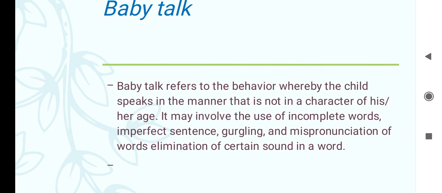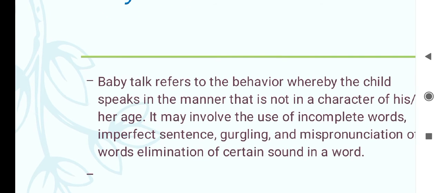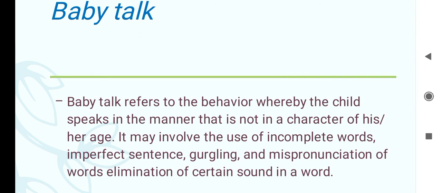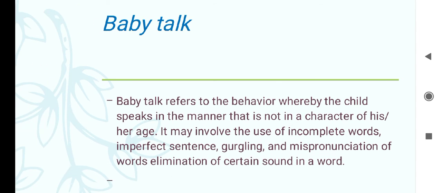Okay, next is baby talk. Baby talk refers to the behavior whereby the child speaks in a manner that is not in character of his or her age. It may involve the use of incomplete words, imperfect sentences, gurgling, and mispronunciation of words, elimination of certain sounds in words.